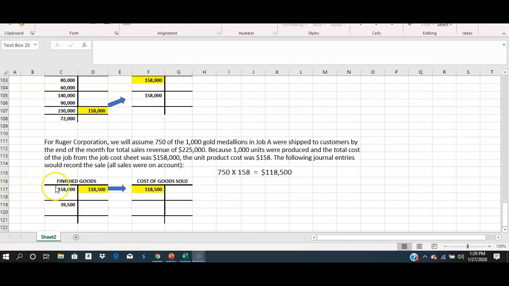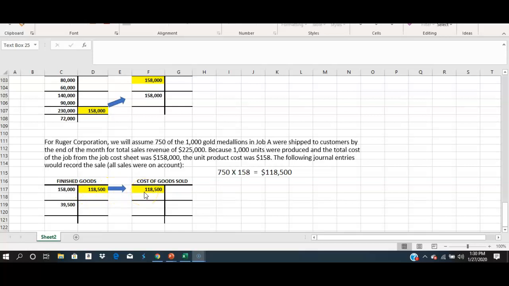So we take the finished goods account, it's going to decrease by the $118,500 because once again, at first we had 1,000 medallions, but we just sold 750 of them. So once they're sold, the finished goods account is going to decrease, which is shown on the right-hand side.